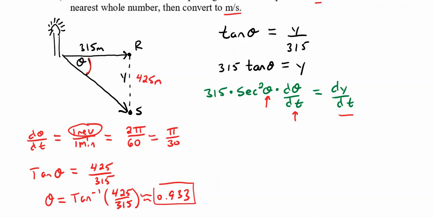So that'd be 315 times secant squared of 0.933, and then times pi over 30.